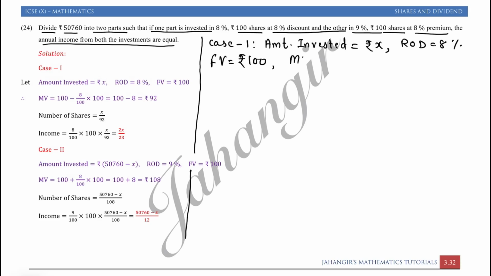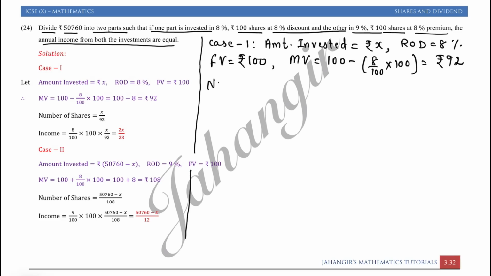So market value is 100 minus 8% of 100, that is 100 minus 8, which is rupees 92. Now here you have to find income. Before you find income, you have to find the number of shares.